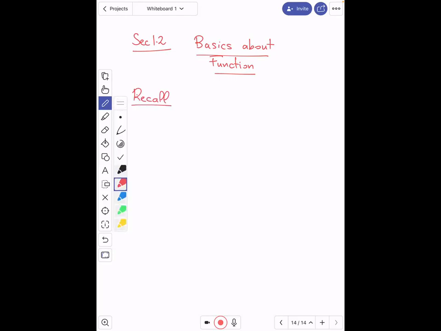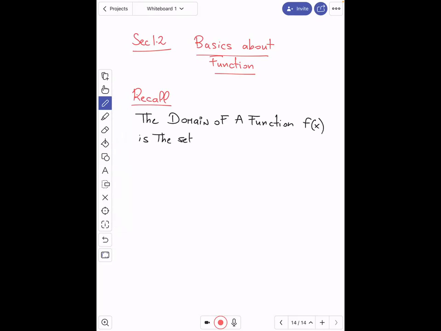So we said the domain of a function f of x is the set of all x values that you can input.